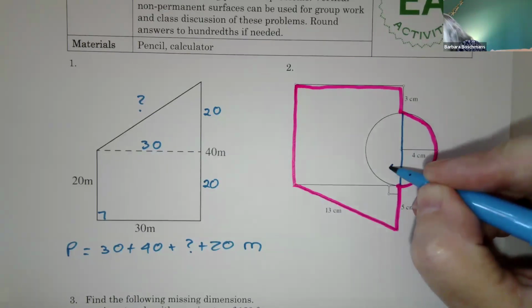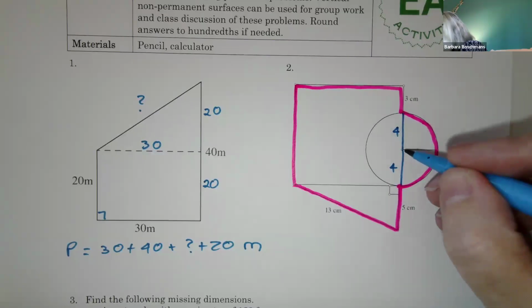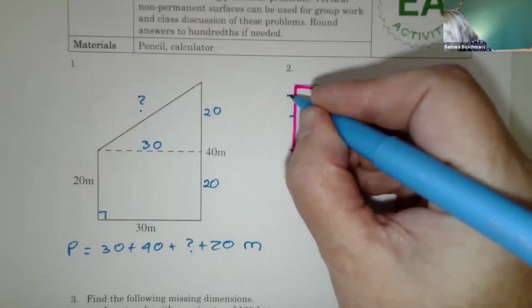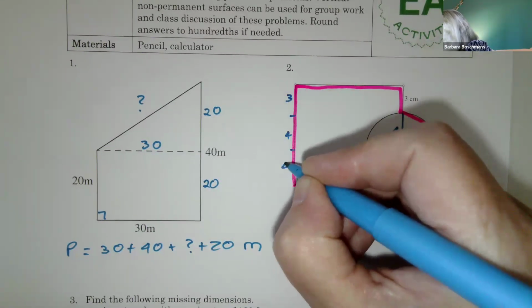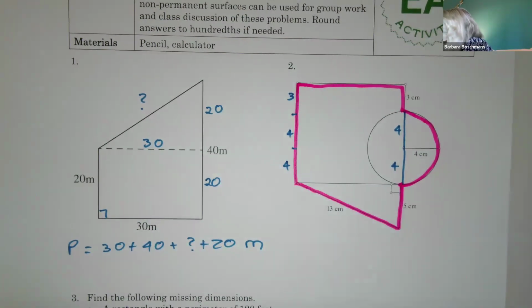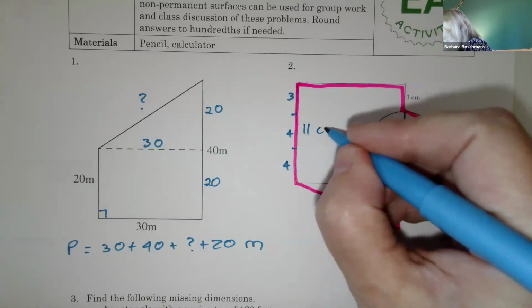Let's find this. A radius is the same in all directions of a circle from the center, right? So if I go to this side, I have 3, 4, and 4. If I move it over, that would be 11, and we're working in centimeters.